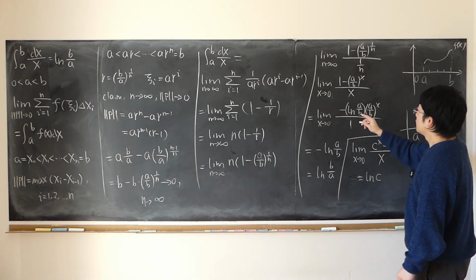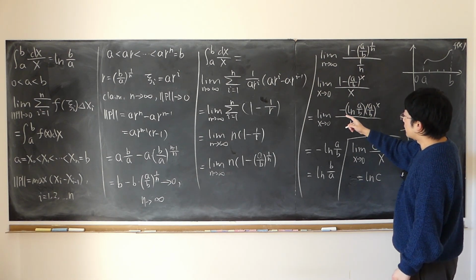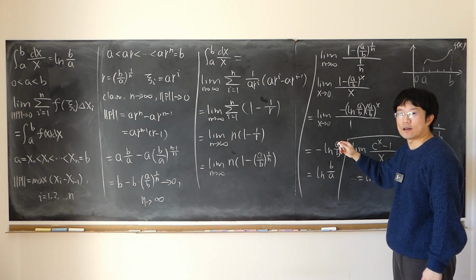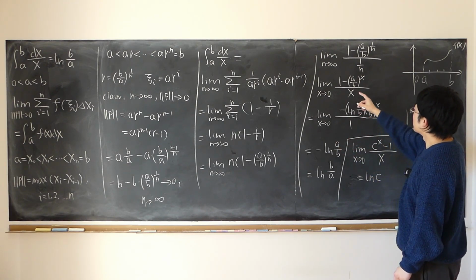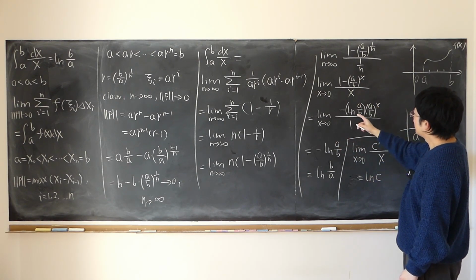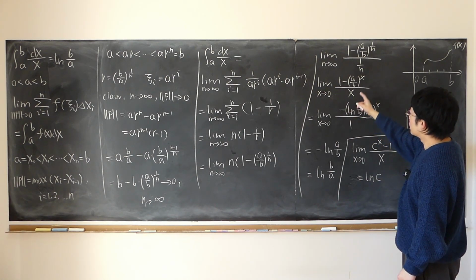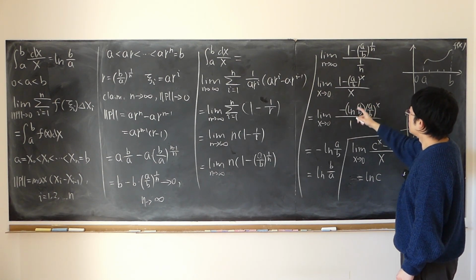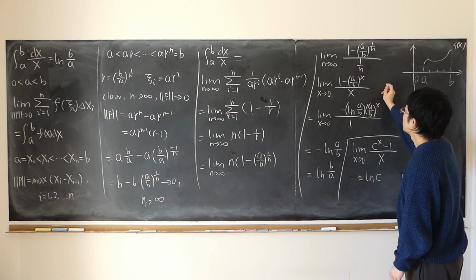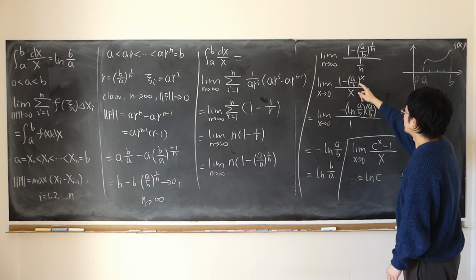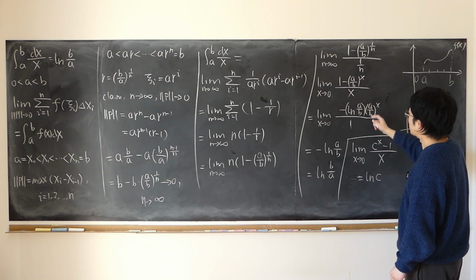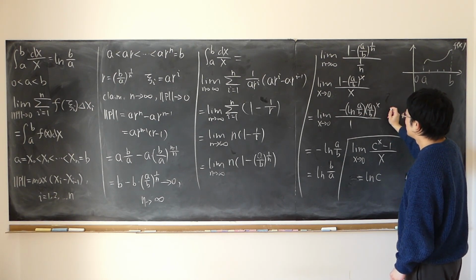Otherwise, this way is technically right, but maybe it's not logically sound enough. Because when we use L'Hopital's rule and take the derivative of the top, how do we know that the derivative of the exponential function is equal to this? How do we know that?